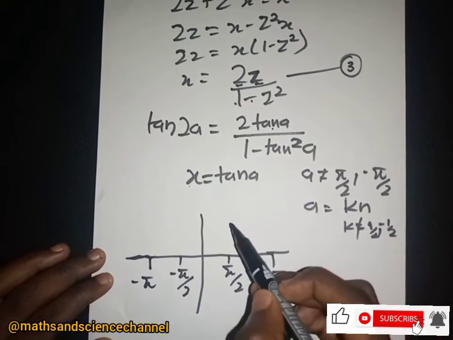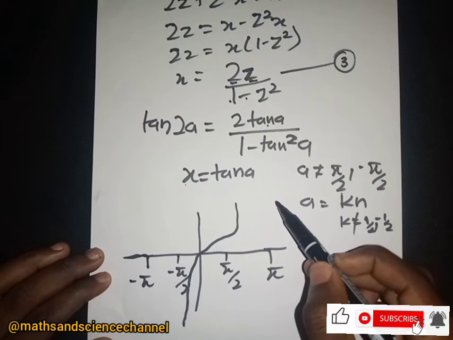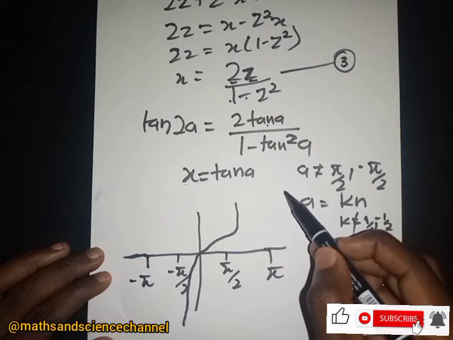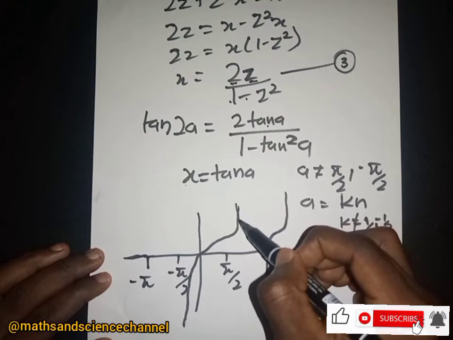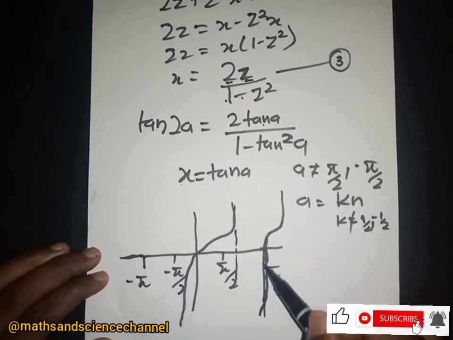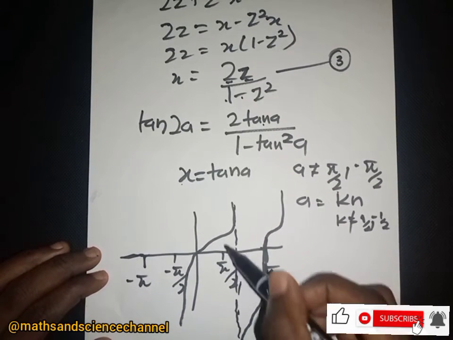Now it goes this way, and the next one will just pass through the half here. But in the case where you are drawing, this goes this way, so you can see that they have a meeting.